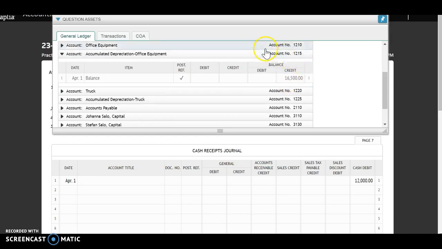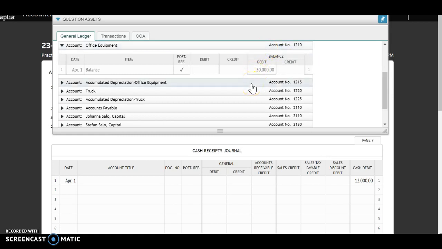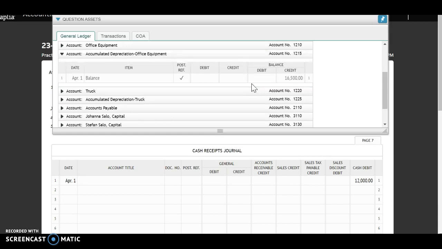So we're going to figure out our book value: 30,000 minus the accumulated depreciation of 16,500 gives us a book value of 13,500, and we received $12,000. So we subtract those two.